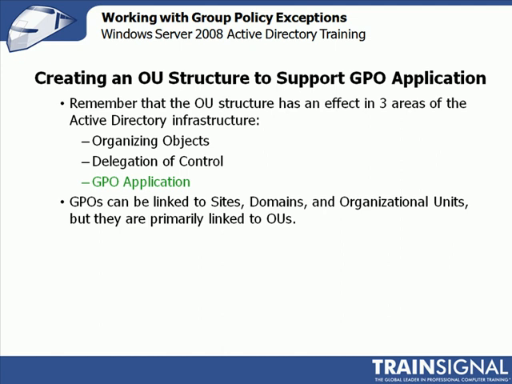That's the main piece of functionality when it comes to controlling what group policies have effect on what users and computers: moving them into different organizational units and then linking the group policy object to that organizational unit. So we need to take a look at that here.